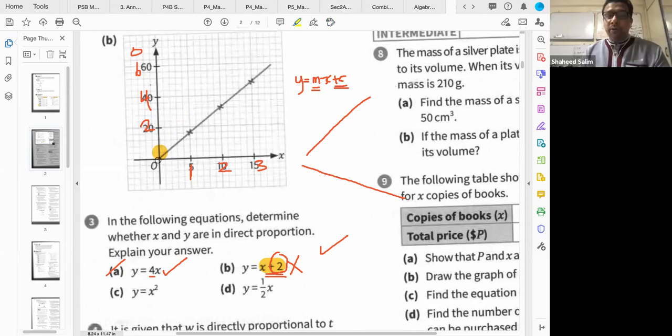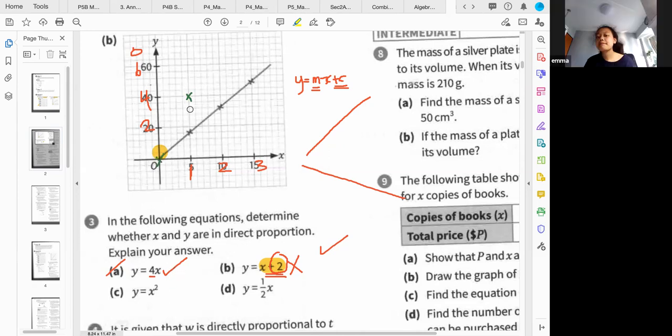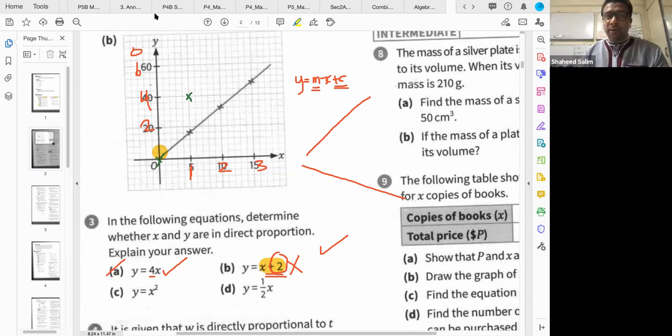Just so you remember, when you go up 1, you go up 4. It starts at 0, 0 because it cuts at 0. There's no y-intercept, there's nothing here. Means cut 0. And then the next one you go up to maybe 8, or higher, somewhere above there.